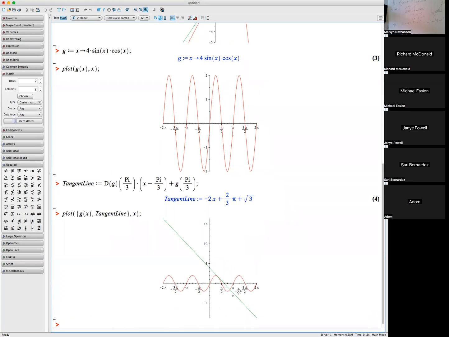Let me just blow this up a little bit. Maybe I'll just graph this from minus 3 to 3. There we are. Isn't that a pretty picture? So here's my curve. And here, pi over 3 is a little bit bigger than 1. And there's the tangent line. Looks very good, I must say.